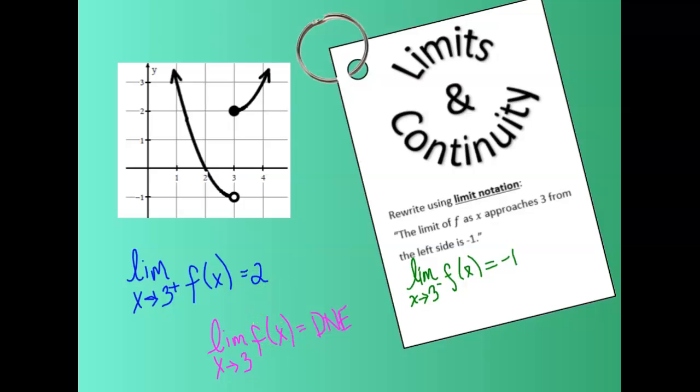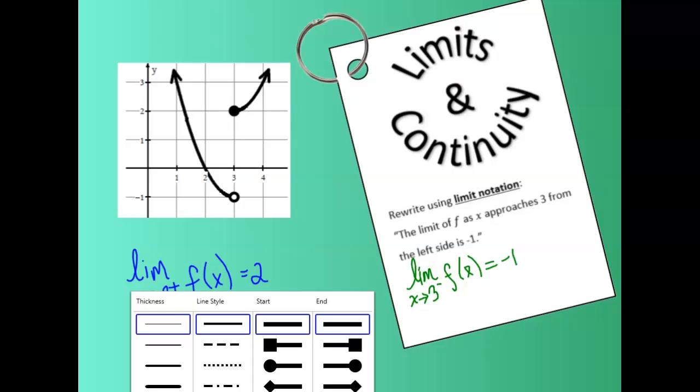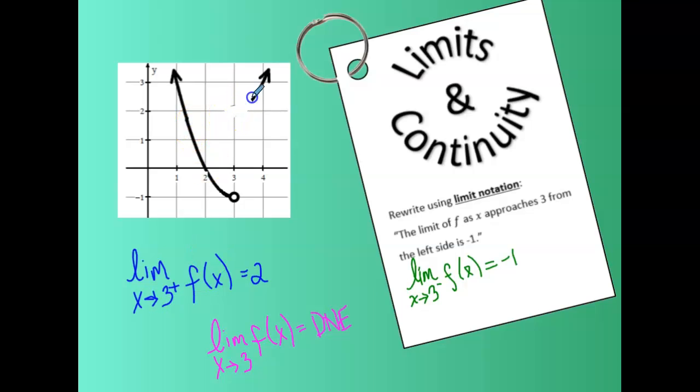Now, to look at a graph where the limit does exist, let's go ahead and change the thickness of this line here. So I'm going to just get rid of that part of the function, and let's say instead my function continued like this. So it was a parabola with a hole down here at 3, -1. Now in that case, when I go to find my limits, the limit as I go to 3 from the left is still down here at -1.